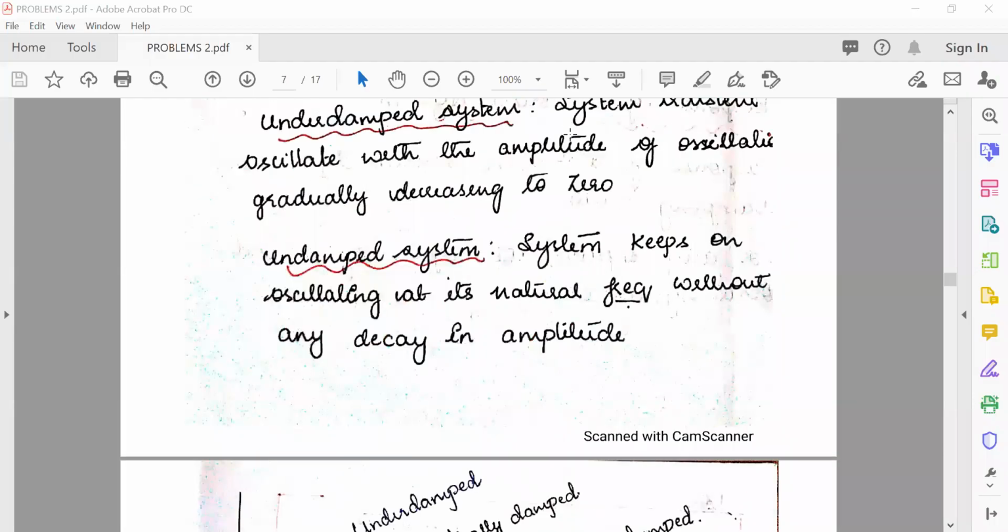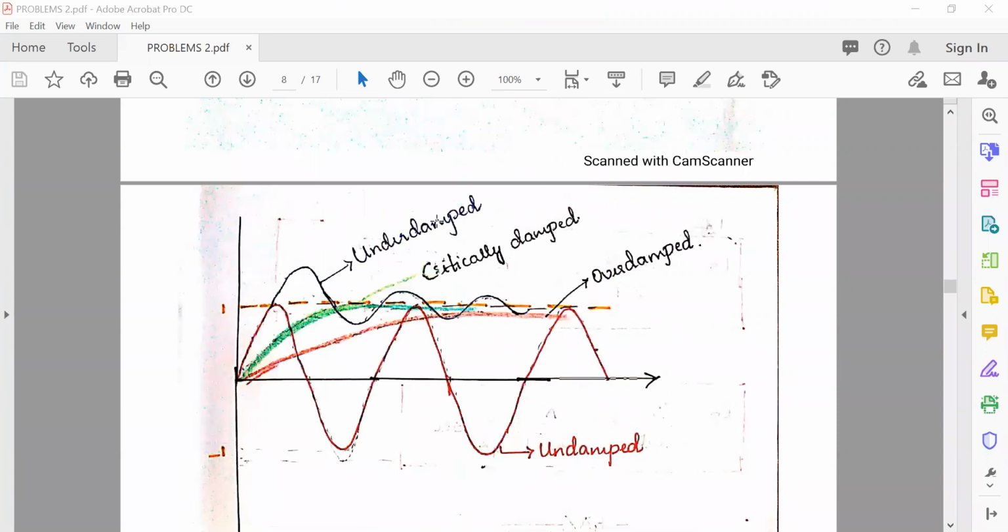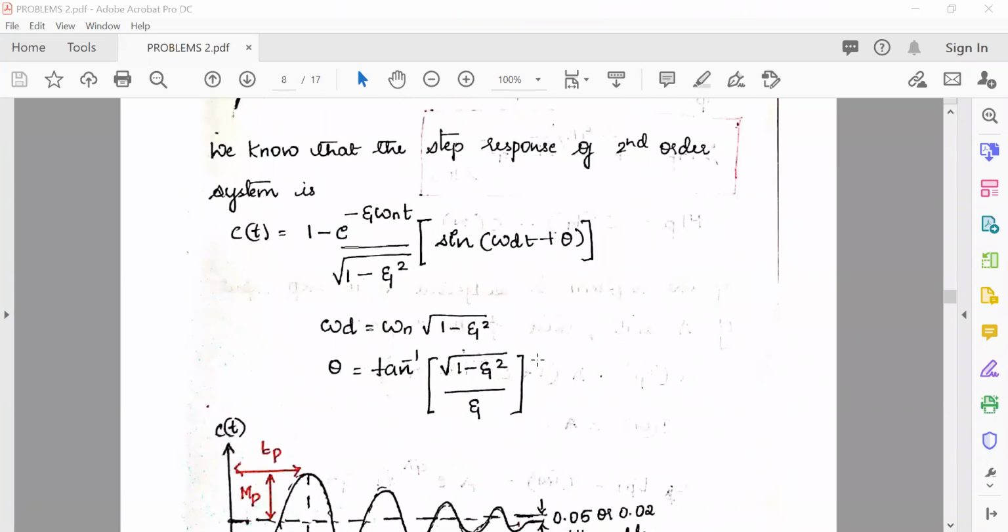Next, this is for a second order underdamped system. For an underdamped system, we had derived the output expression for a unit step function. C of t is 1 minus e power minus zeta omega n t divided by root of 1 minus zeta square, into sine of omega t plus theta. Here omega is omega d, and this is the value of theta.